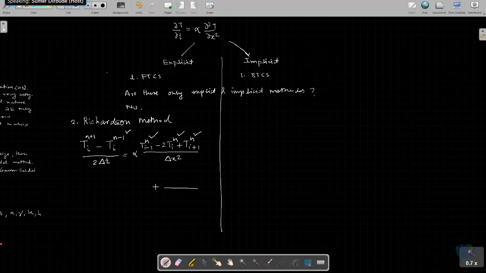If this is the nth level value, a known value, then everything before that is also known. So all values at n and below are known, but n plus 1 is unknown. Hope you understand.